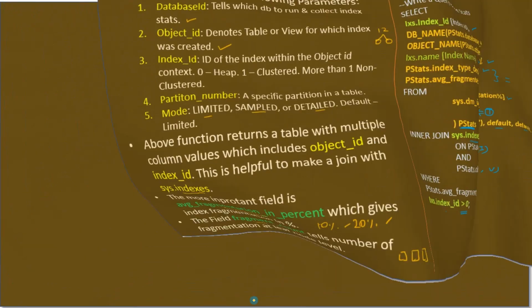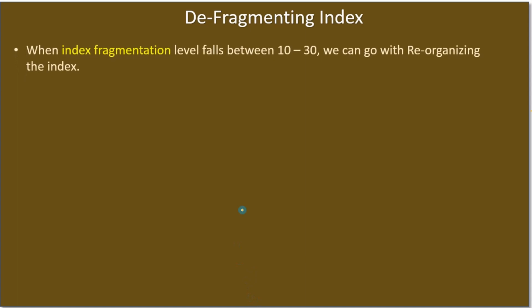In this specific video, we will see defragmenting the index by means of reorganization. When index fragmentation levels fall between 10 to 30%, we can go with reorganizing. So that's one way of defragmenting the index.